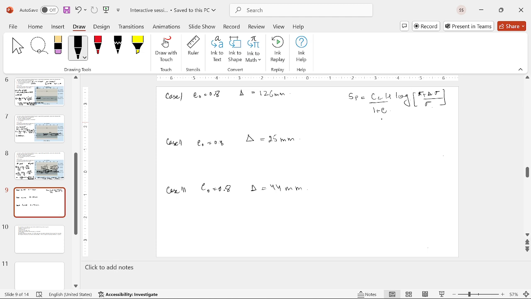So this is basically delta H, and if we take delta H over H, this is the strain.